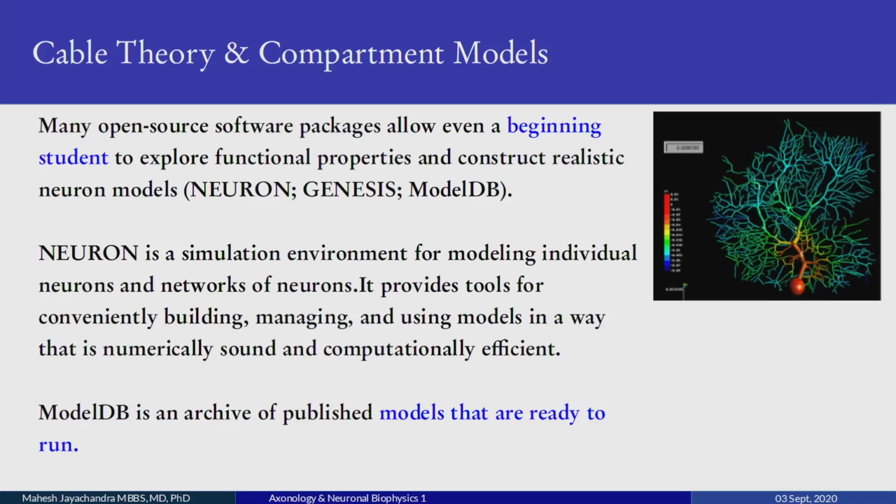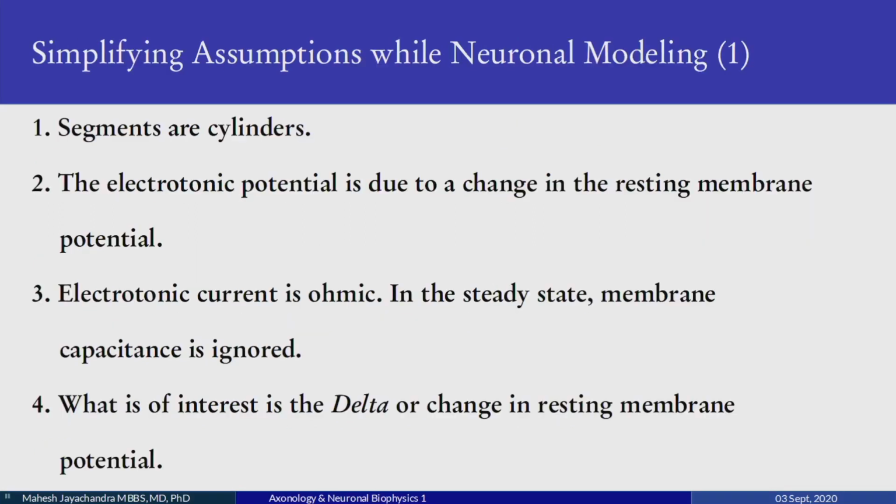You can, for example, get a model of a pyramidal cell or a network of neurons from the somatosensory cortex, plug it into your Neuron, and then start playing with it, modifying it as you wish. Okay. So ModelDB is the database where all the neuron models are. Neuron is free; it's an open source program. You have to download it, go through the tutorials, and then use realistic published data from ModelDB and take off.